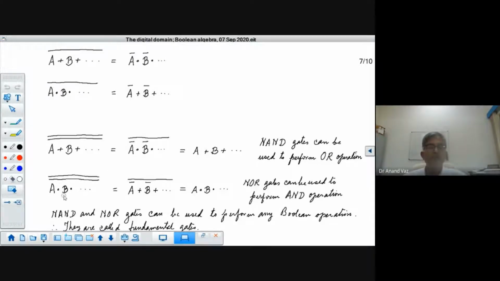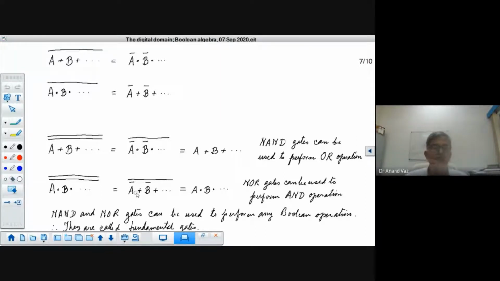In the same way, you can extend to more inputs. If you take the complement on the right hand side as well, you get A and B and so on. So you can see here that NOR gates can be used to perform AND operation as well.